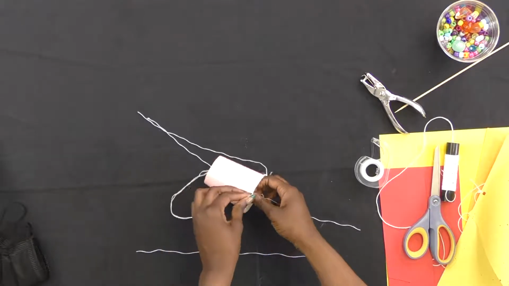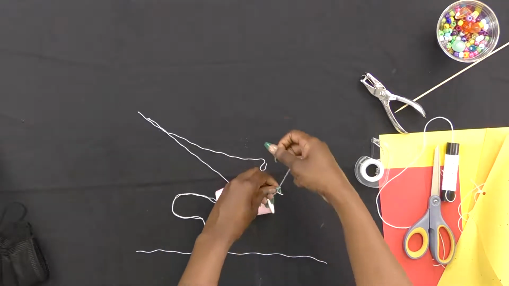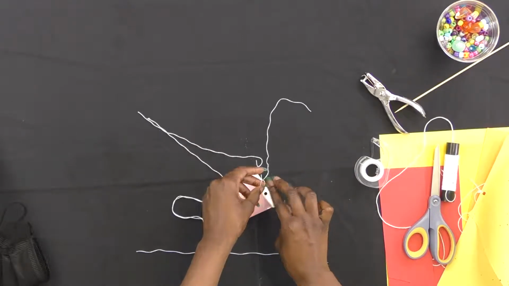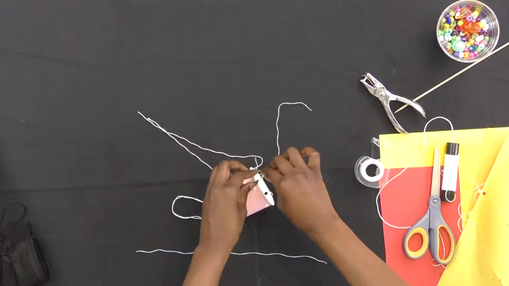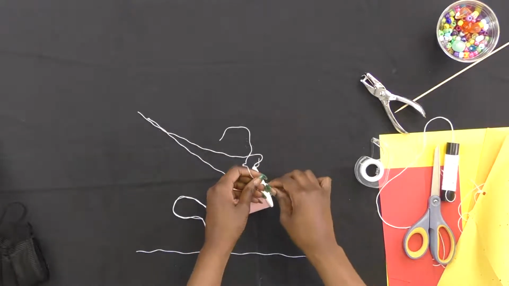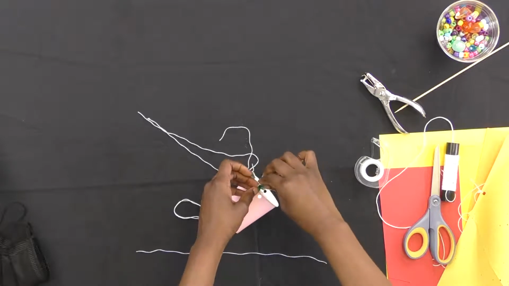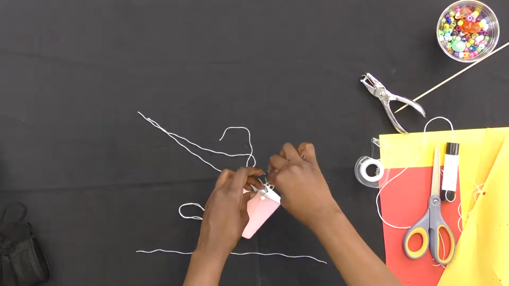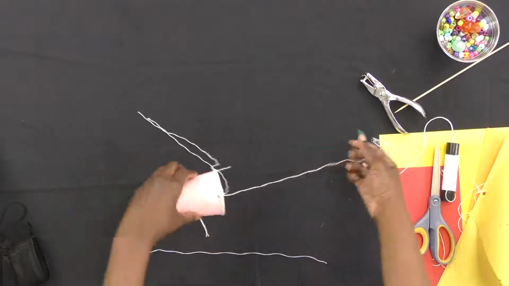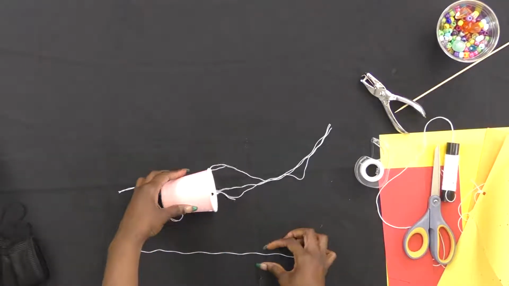So right now everyone should have their 4 holes punched in the rim of their cup and their 4 pieces of string cut. Alrighty, now I have one more to tie on.